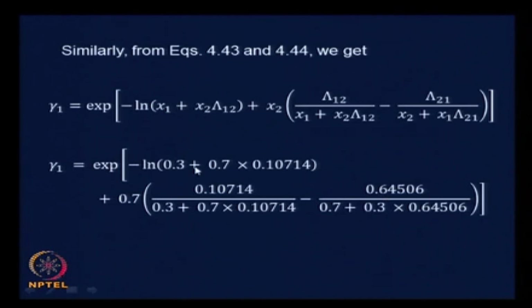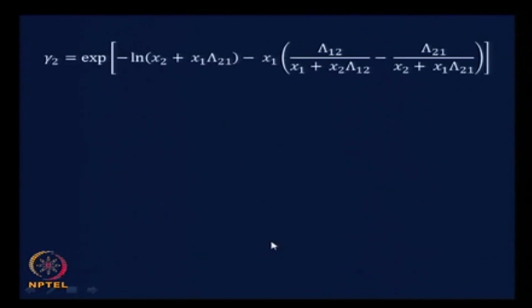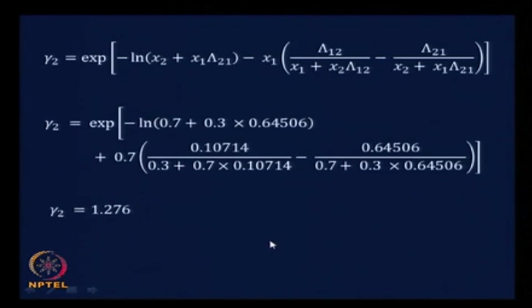If you substitute the various values here, which you would have done in the time that was given, you would get gamma 1 equals 1.965, and a similar exercise for gamma 2 would yield gamma 2 equals 1.276.